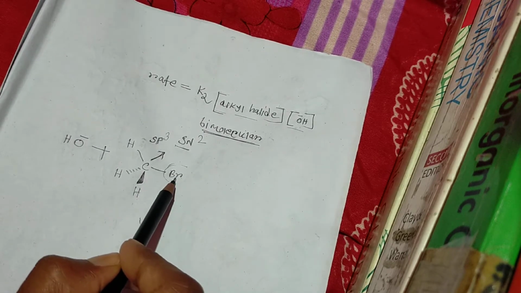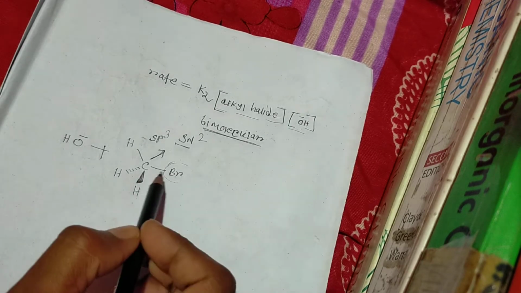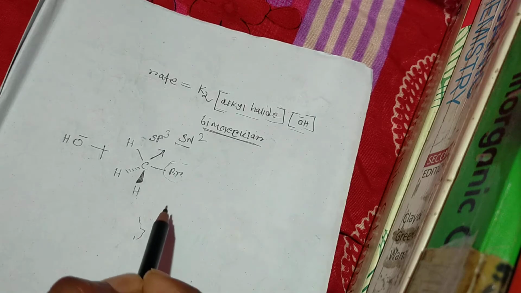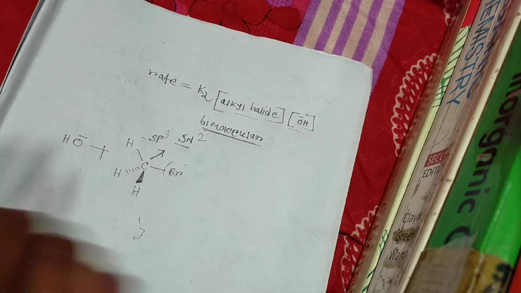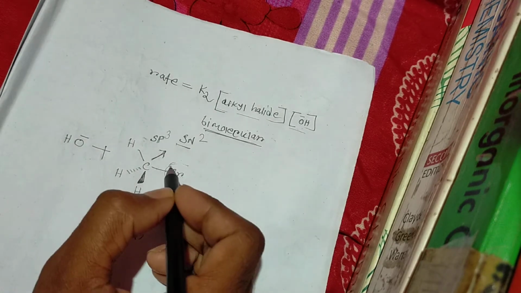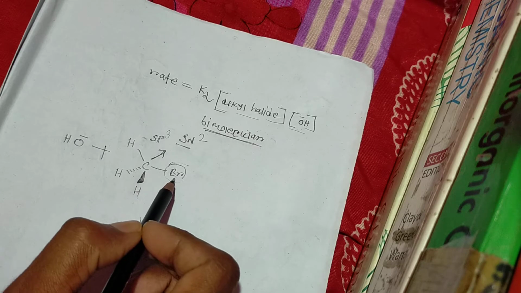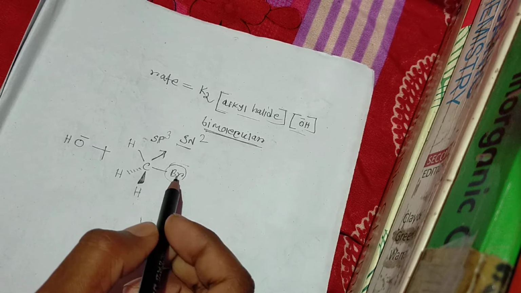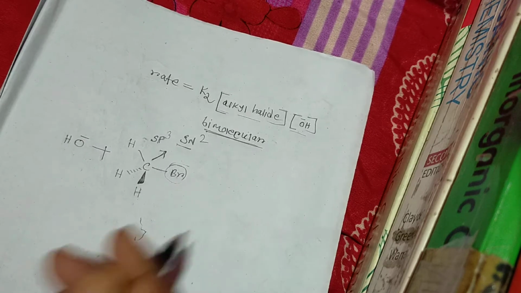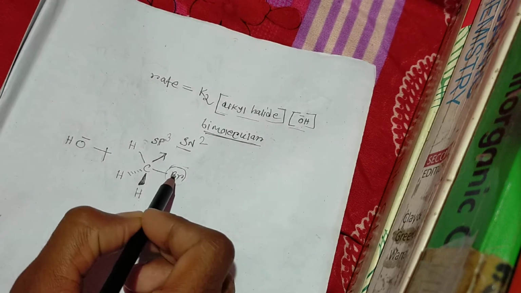Bromine is more electronegative than carbon, so bromine pulls the bonding pair of electrons towards itself.